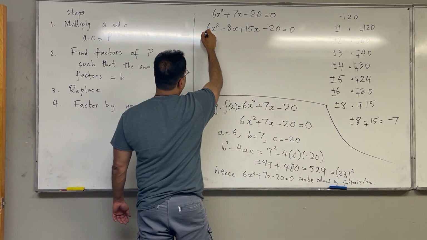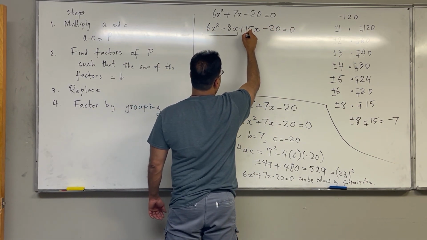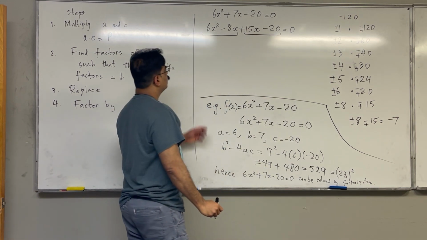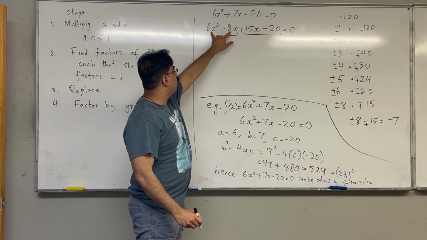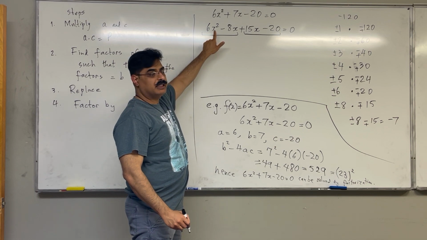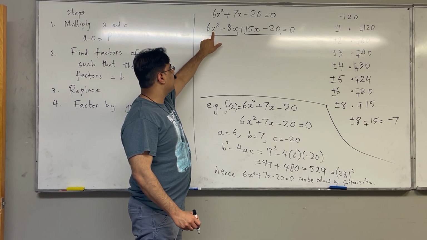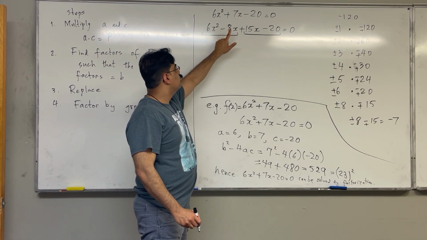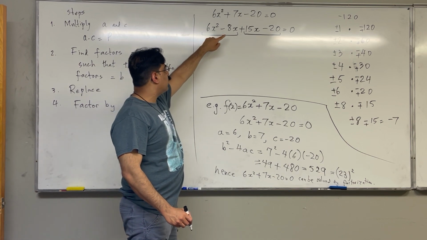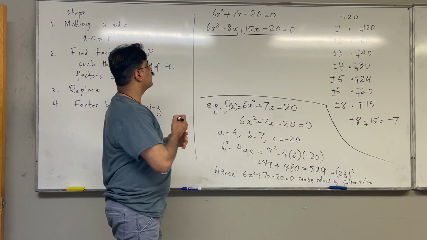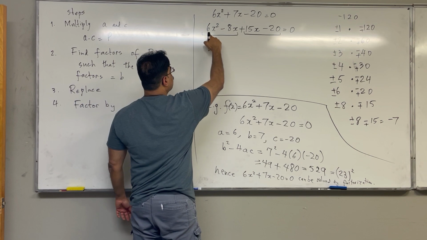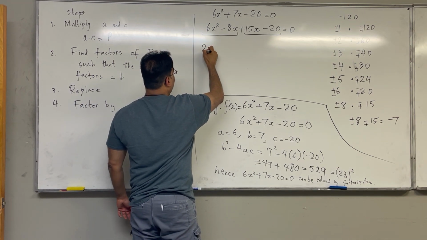Form 2 groups. There is this group and this group. What can we factor out from both of these? I see an x that could be factored out. Here we have x times x, here we have 1x. So we could at most factor 1x, but also 6 and 8 have 2 in common, so we could factor that out.